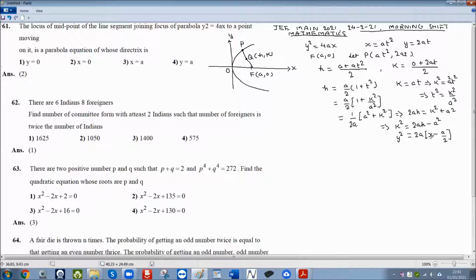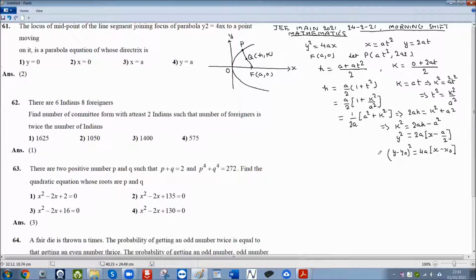Now, comparing it with y minus y naught whole square is equal to 4a into x minus x naught.